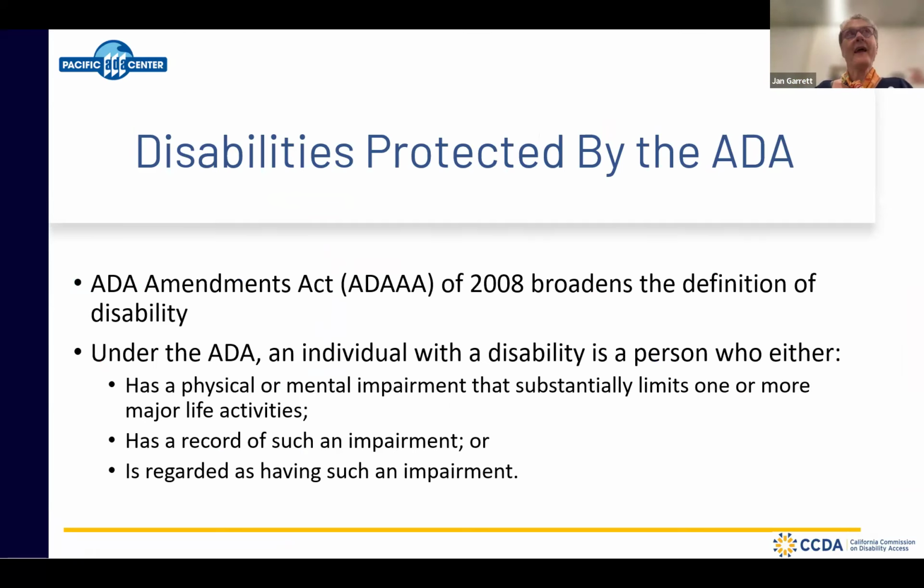So we have the ADA in 1990, and it does protect people with a wide variety of disabilities. In fact, when the ADA was first passed, a lot of courts were making decisions and saying, well, we don't think this is a person with a disability. We don't think that person's a person with a disability.